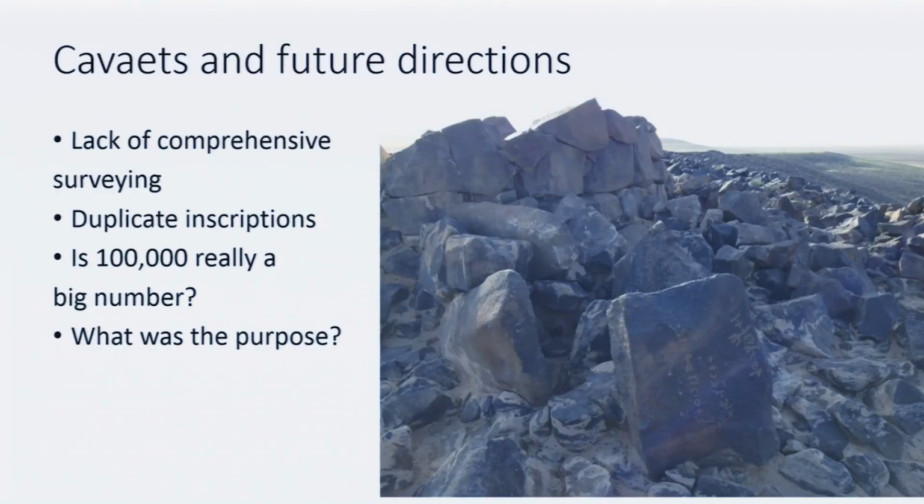There are some caveats, of course. Most of the areas have not been comprehensively surveyed. Not every stone has been turned. But in the areas that have been, like a Jawa survey carried out by Michael McDonald, if you look at that corpus, where quite a large area, several square kilometers, was systematically surveyed and swept, the numbers are even lower.